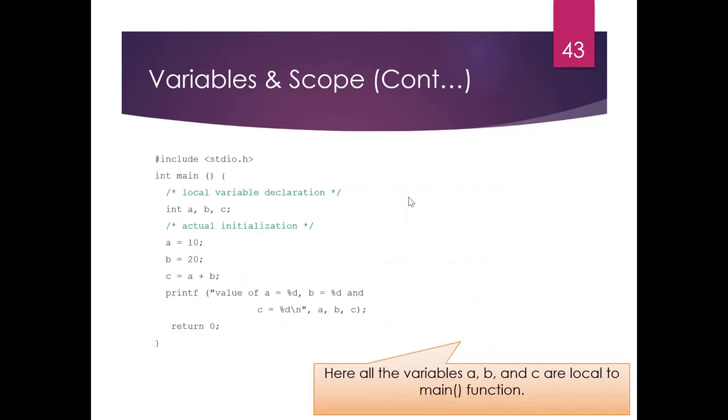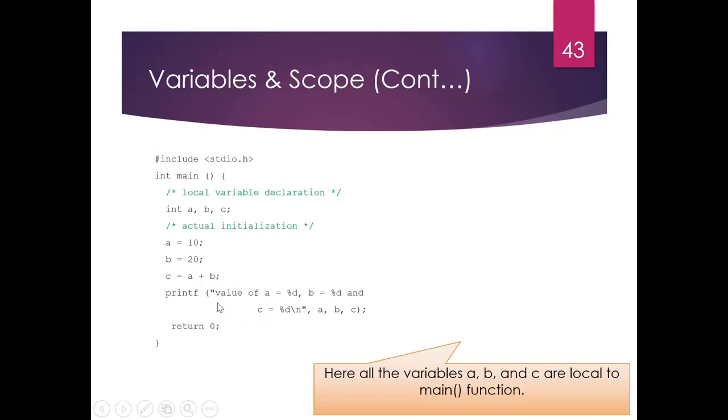Here is an example. In main, there are three variables a, b and c. You can see a, b and c are declared inside the main function, therefore we call them local variables. a equals 10, b equals 20, c equals a plus b.